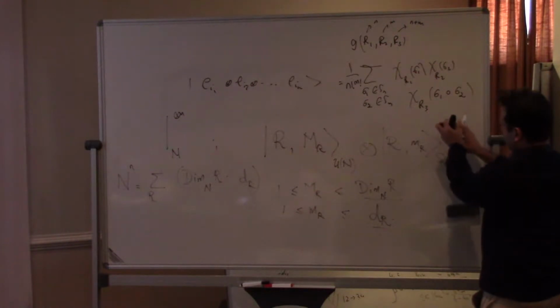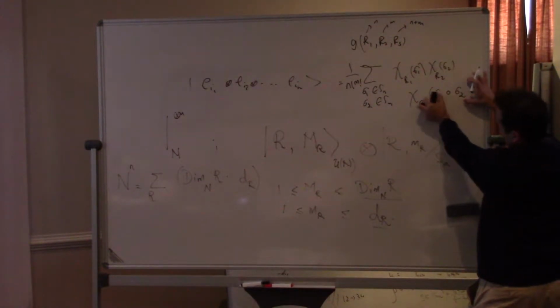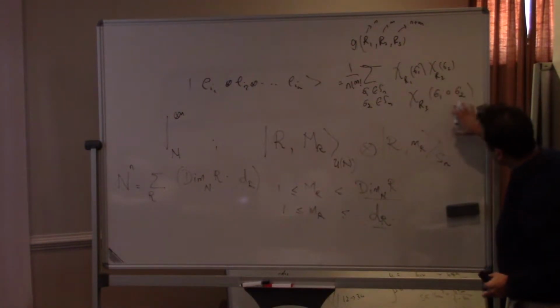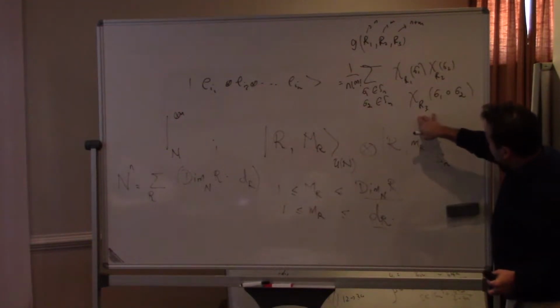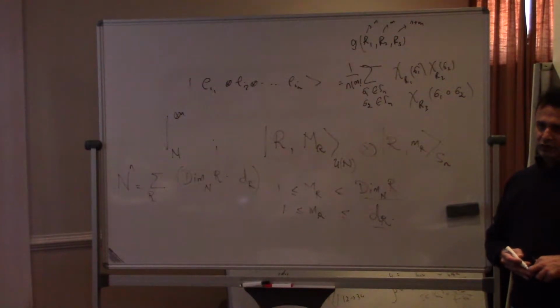So this is a representation of the big group. You can let this act on the first n and the last m, but that whole thing is a group element in S(n+m). You can take its character, and that's a formula for the multiplicity.